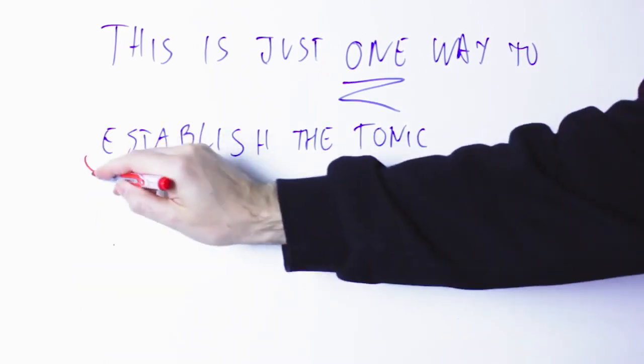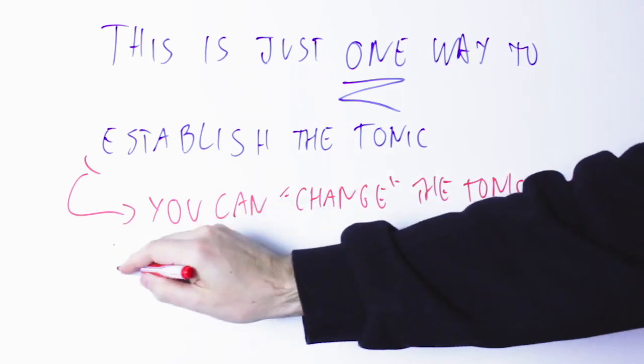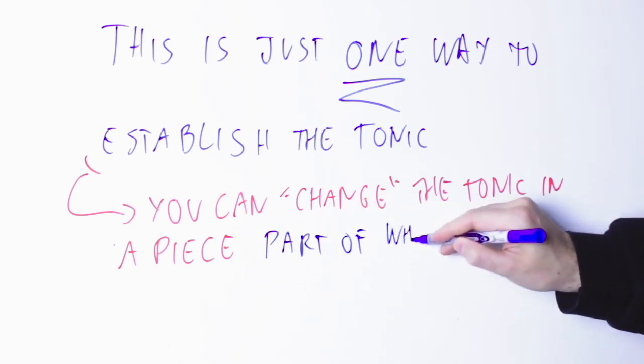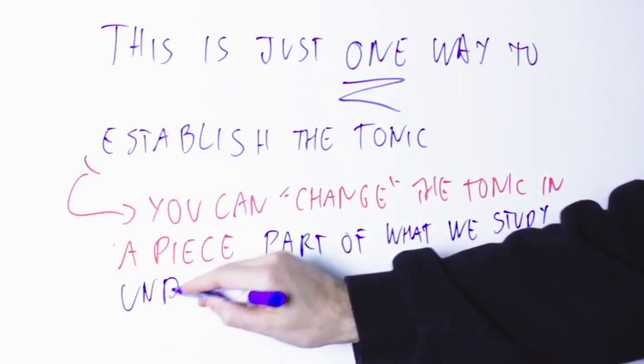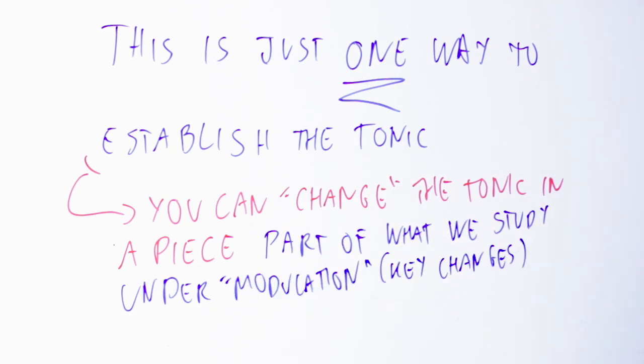The perception of what is the tonic or the tonal center in a piece is not fixed, and indeed, there are ways to make your ear change its mind on which one is the tonic. This is part of what we call modulation, how to make the ear change tonic and so change key during a piece of music. Again, beyond the scope of this video, but a very interesting topic.